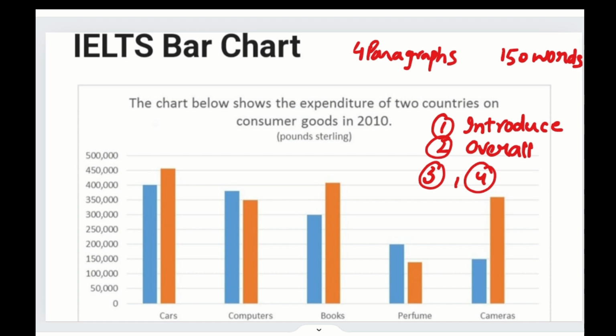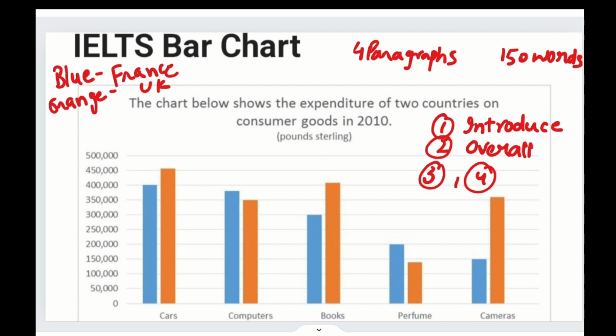So here we have the statement: the chart below shows the expenditure of 2 countries on consumer goods in 2010. So here there are 2 countries given. The first country, blue, represents France and orange represents UK.